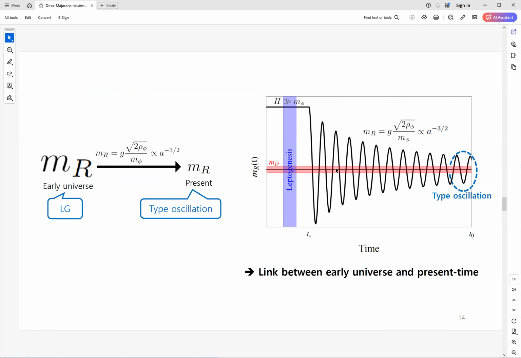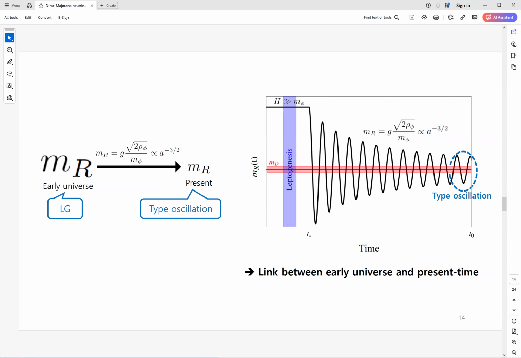So we can expect that in the early universe, the Majorana mass term is very large. And in the extremely early universe, the Hubble friction term is very large. So from the equation of motion for the wave dark matter, the wave dark matter field is frozen.